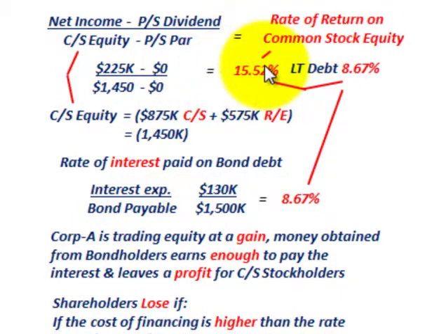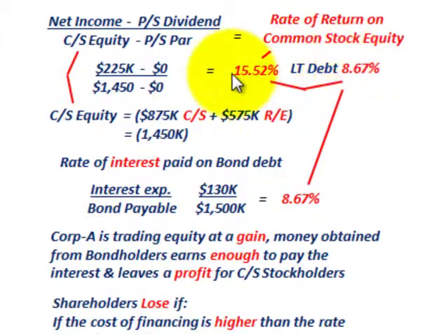When you trade on equity, you want the rate of return on your common stock equity to be greater than the rate you're paying in interest for your long-term debt. Okay, so that takes care of our definition. With debt financing, you have to determine what it's costing you, and then determine your rate of return on common stock equity.